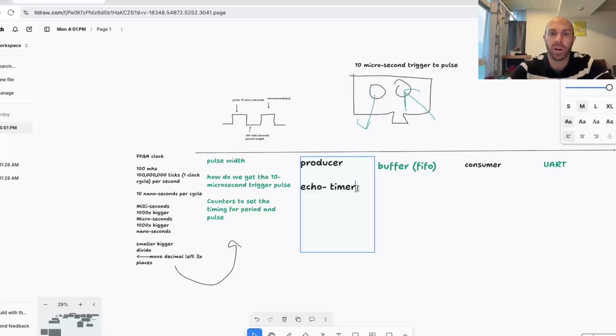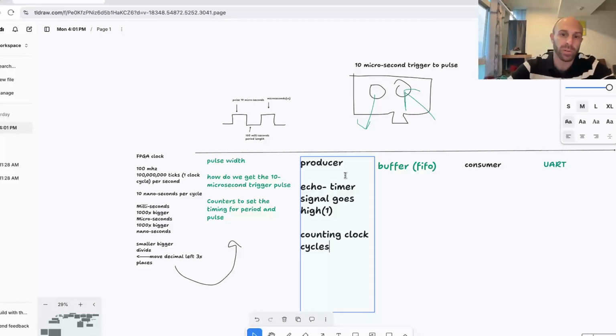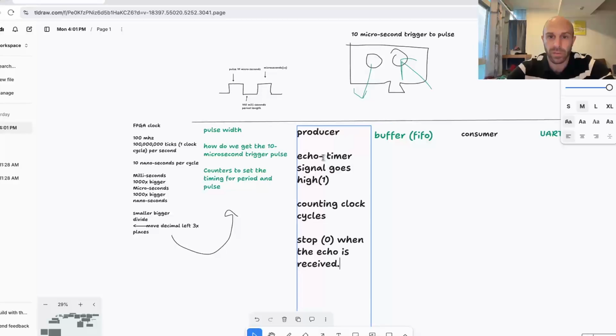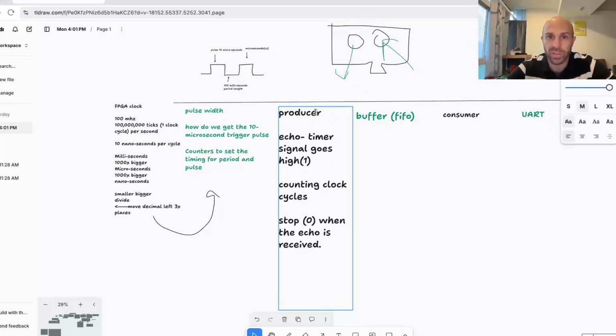The echo timer starts, signal goes high, and it'll start counting clock cycles: 1, 2, 3, 4, 5, 6, 7, 8, 9, 10. Then it'll stop, it'll go low, when the echo is received. So that is our producer. That is the echo timer.